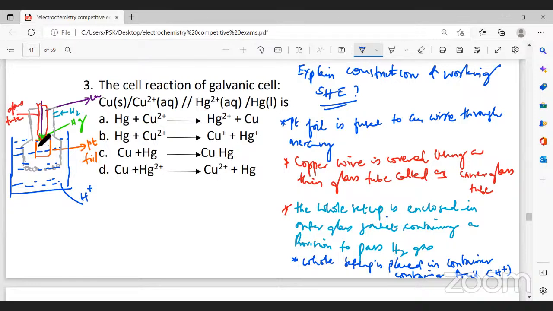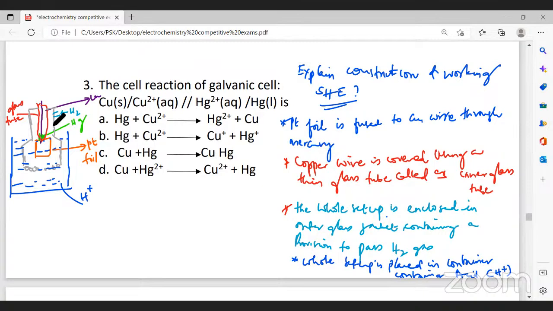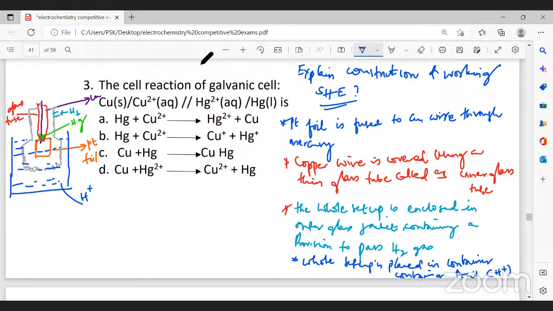The whole setup is kept in an outer glass jacket where you have a provision to pass hydrogen gas, and minute pores at the bottom. And this whole setup is kept in a container containing acid. This is the construction of the hydrogen electrode. Did you follow this? Yes, sir. Now we need to understand the working of this.